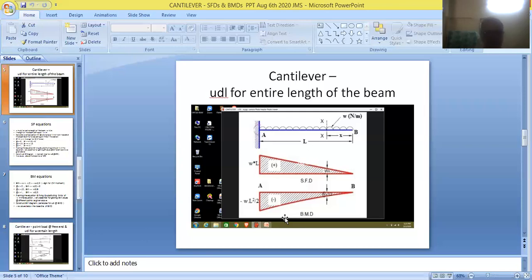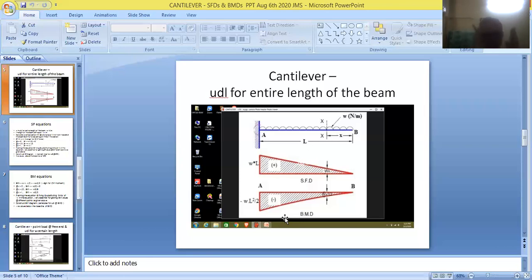So friends, this is the way of constructing shear force and bending moment diagrams in different situations. Framing equations is very, very important.